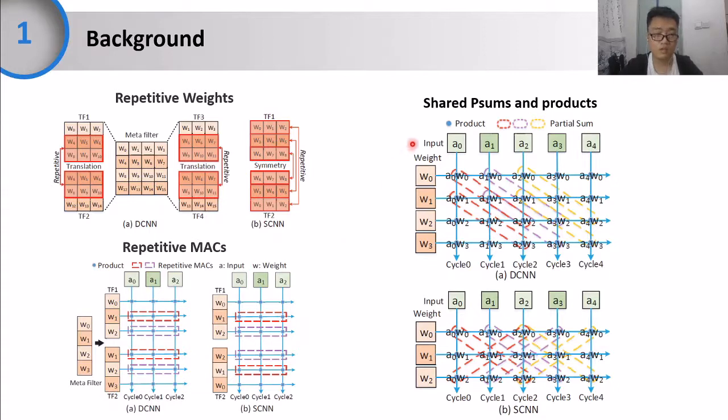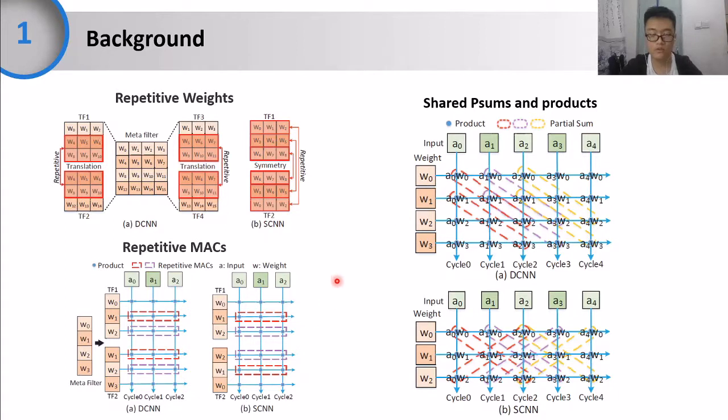So in their convolution process, let's look at this picture. When they are processed with the same input activations, there will be some products and p-sums. These products and p-sums will be recomputed.